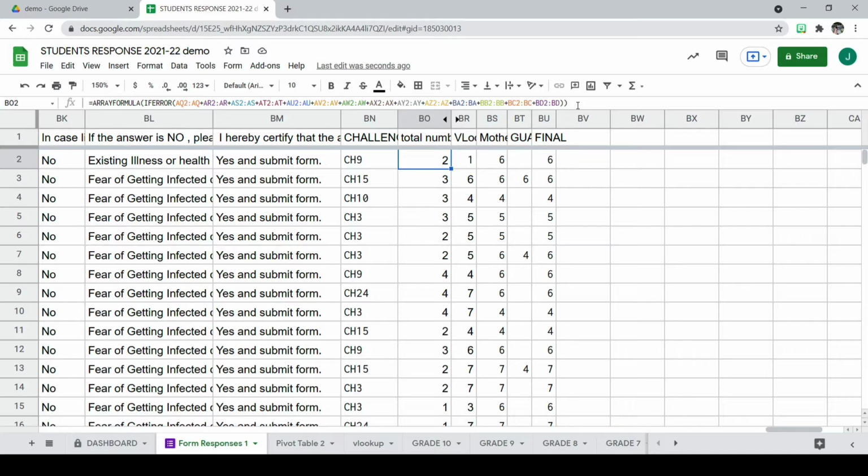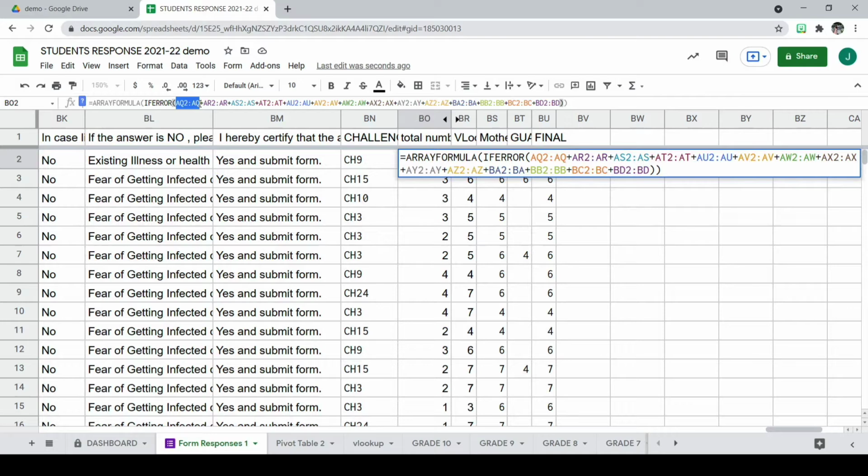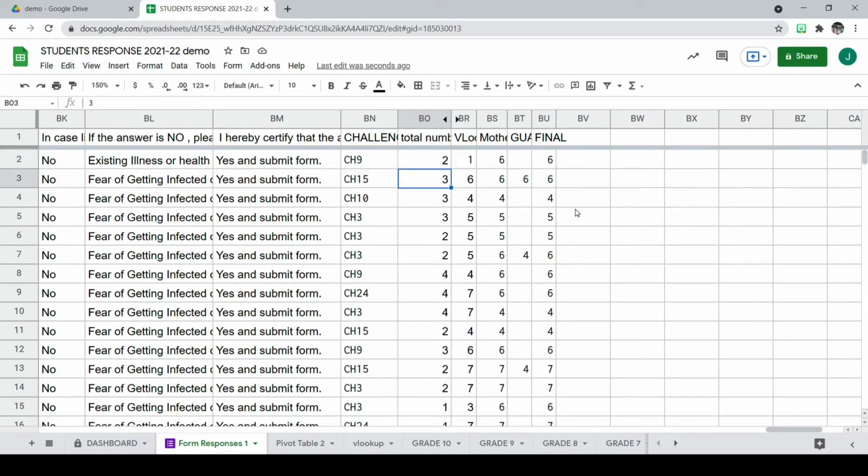So array formula kay naa dito makita ang kinder, kanang AQ, nag-plus na ko sa grade 1 plus grade 2, then grade 3, grade 4, grade 5, grade 6, grade 7, grade 8, grade 9, grade 10, 11, 12, and college, di ba? Okay, tapos array formula. So mao na siya.